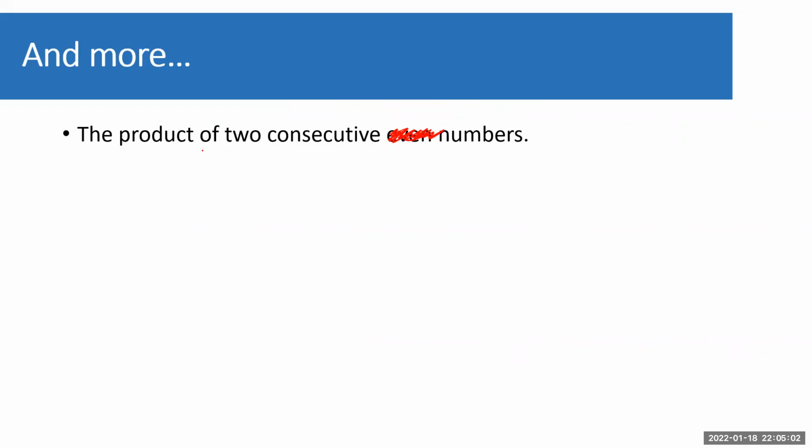We have the same two consecutive numbers, so we have x, and we have x plus 1 because we're dealing with consecutive 2, 3, 4, 5, 6, and so on. And remember, the product means we're going to multiply it. So you could just leave them in parentheses and be x times x plus 1. Okay? Again, I apologize for any confusion there. I can't read.